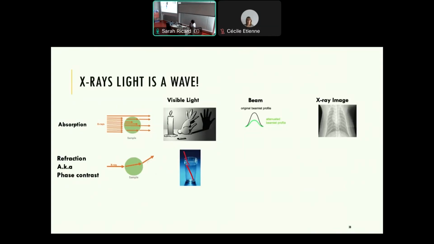So then, now that you are familiar with this concept, we are measuring what we call the refraction and what we call the phase contrast.